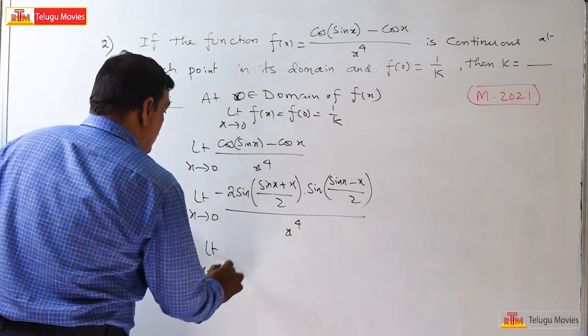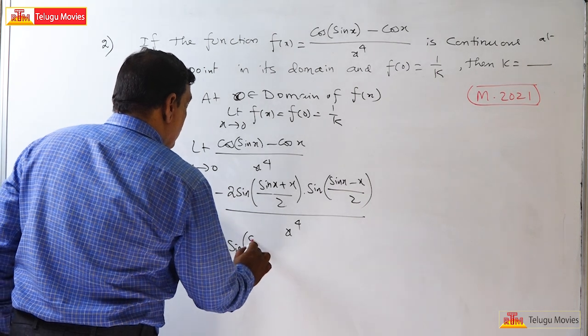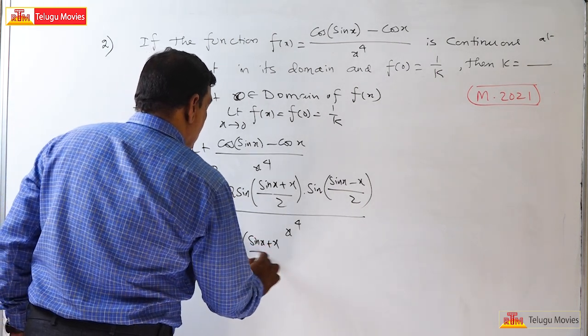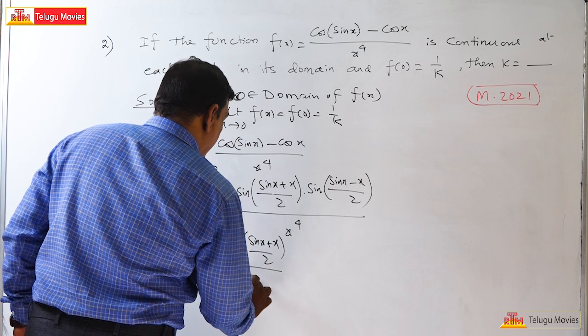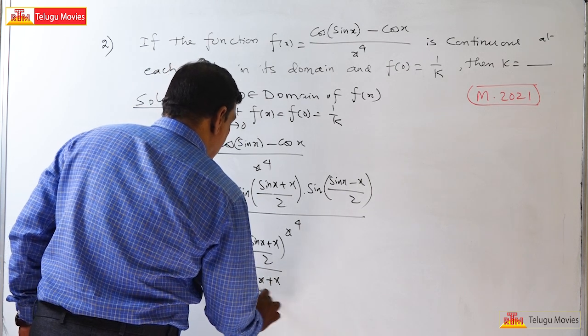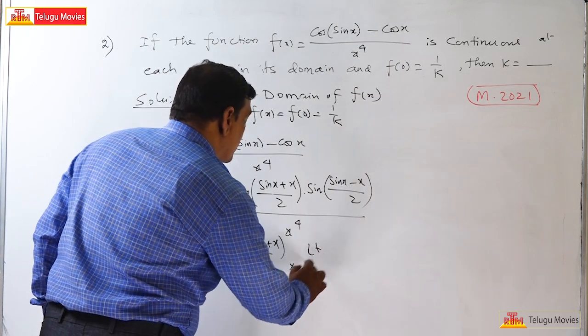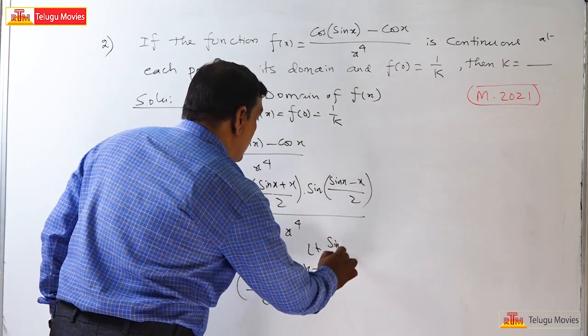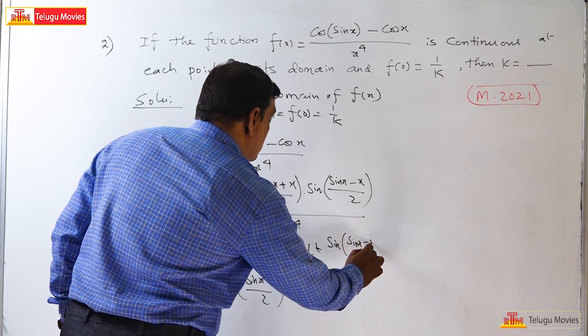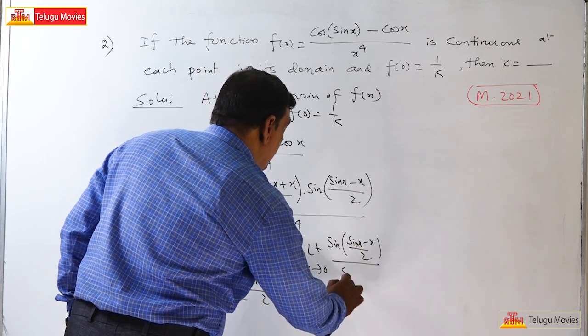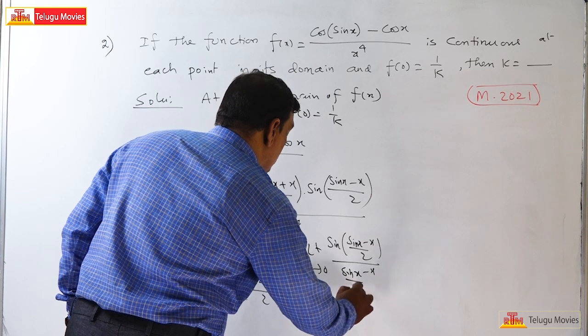I have taken the limit x tends to 0 of sin of (sin x plus x) by 2 divided by (sin x plus x) by 2, into limit x tends to 0 of sin of (sin x minus x) by 2 divided by (sin x minus x) by 2, we did.